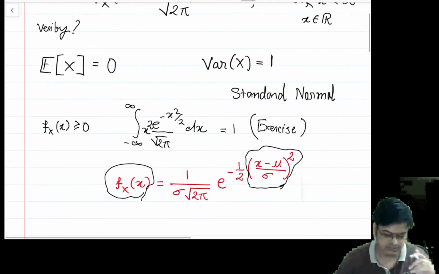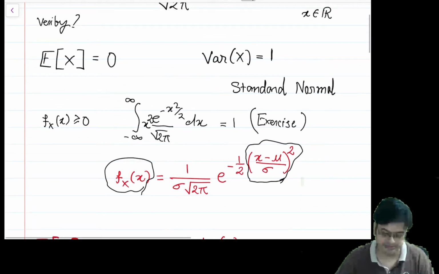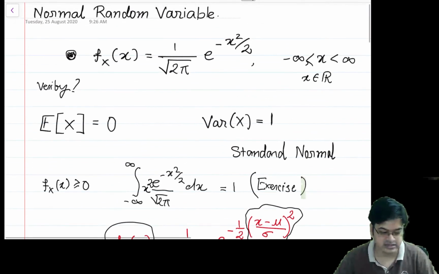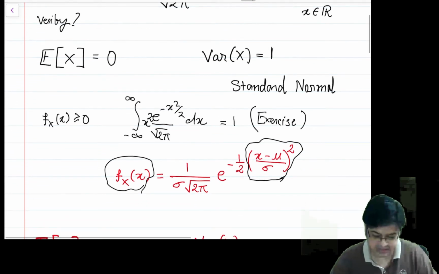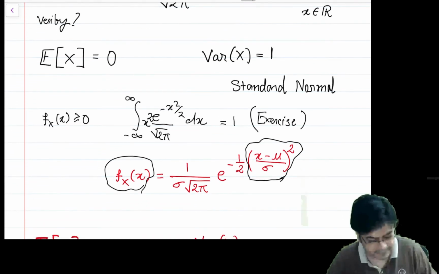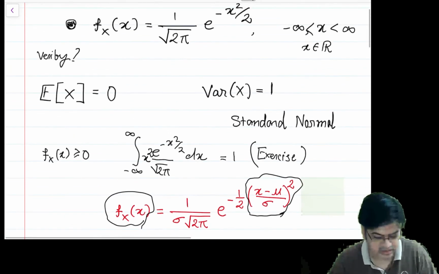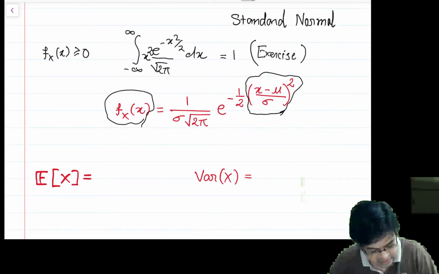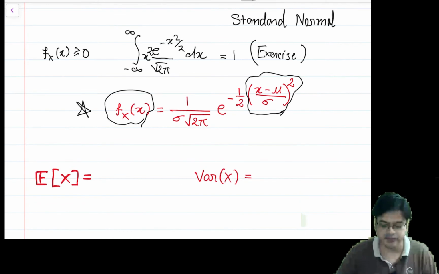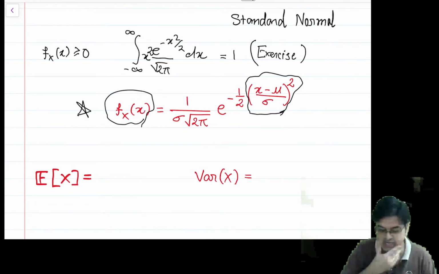Right now what is important to us is what is the mean and variance of this random variable. Now if you look at this, and if I say this is z, then what you are seeing here is x. Both I have written as x, let us not worry about this. Let us think of this term f_X(x) and ask the question: what will be the mean of this random variable?